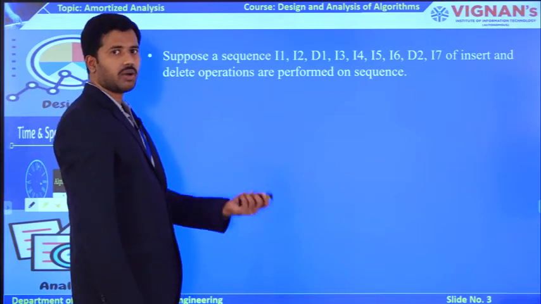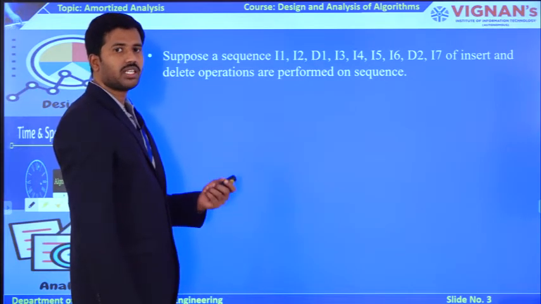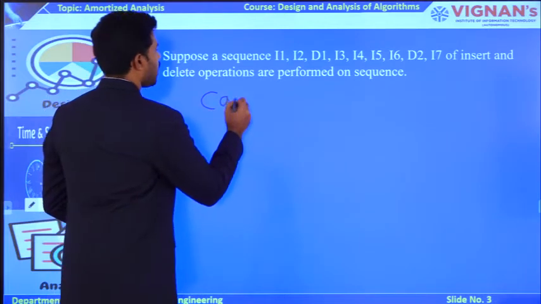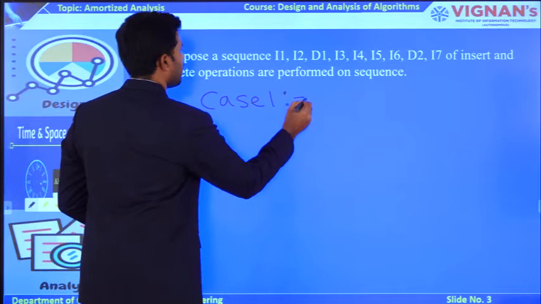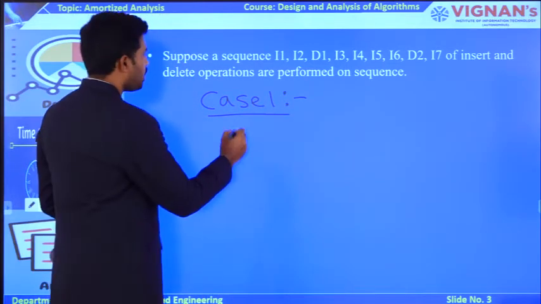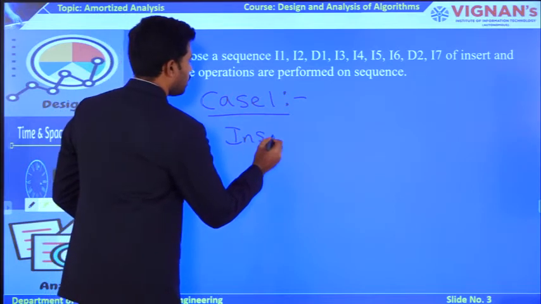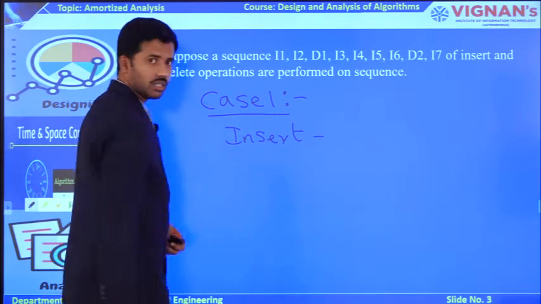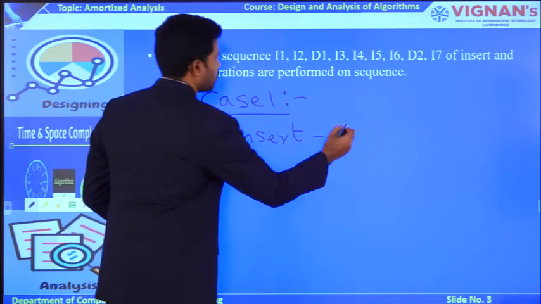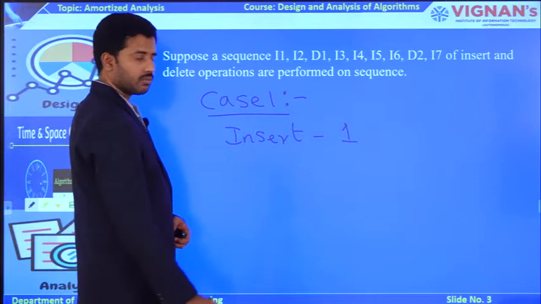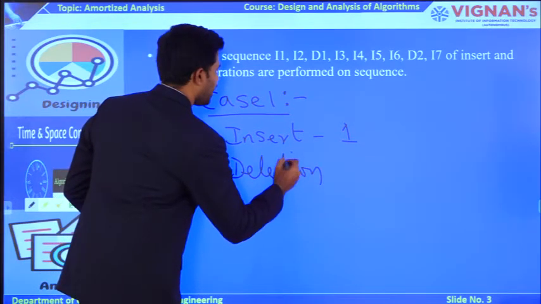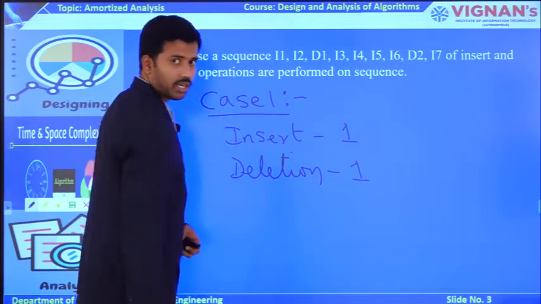Based on this example only, you will understand why this concept is required. First of all, observe the case 1 analysis. In case 1, I am assuming that insertion takes an actual cost of 1, and the deletion operation also takes an actual cost of 1.